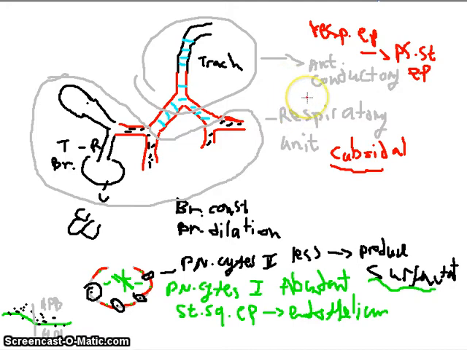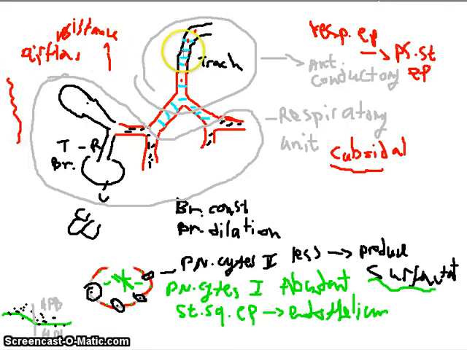Also in the conductory unit, you've got a high resistance to the passage of air, to airflow. This high resistance is important because it prevents foreign bodies from going in, because it creates a certain turbulence within the trachea and the conductory part.